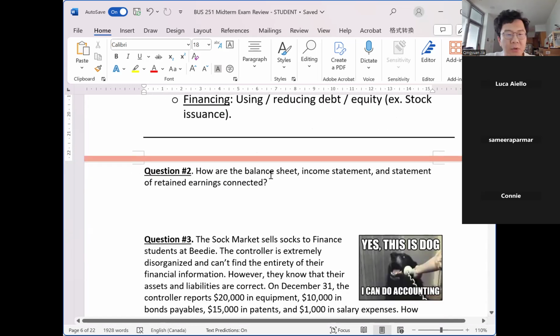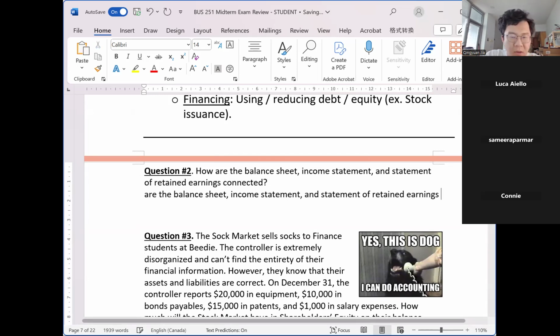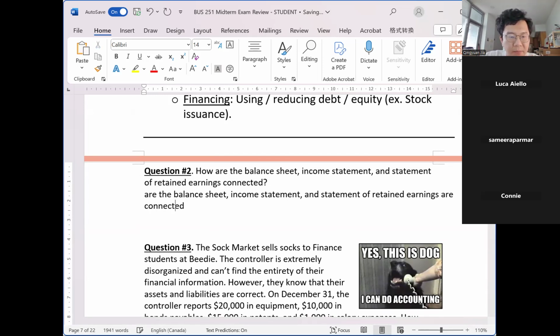Okay, so next question, how are the balance sheet, income statement, and statement of retained earnings connected? The balance sheet, income statement, and statement of retained earnings are connected through the following accounts.